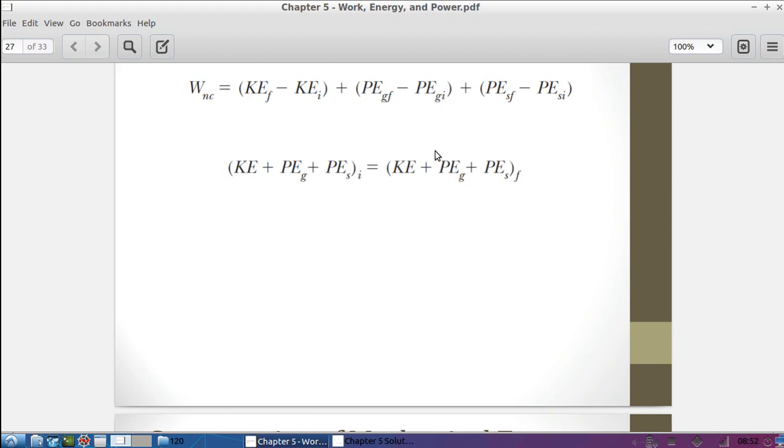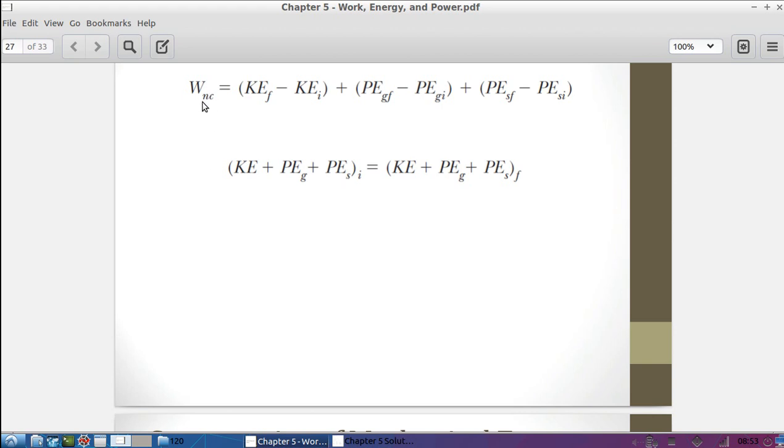So why am I allowed to use this? And why am I saying that the earth and the spring are not doing work on the object? Because when I define my system, the earth is part of my system and the spring is part of my system. Just like we use the system method to solve Newton's second law problems, I'm doing the same thing here. The gravitational force and the spring force are conservative forces.